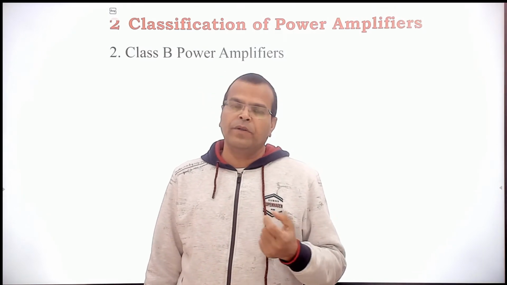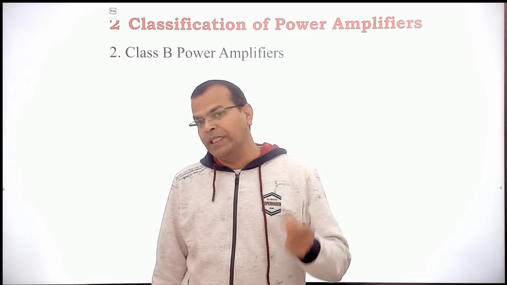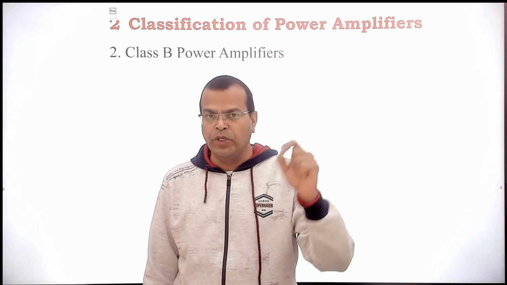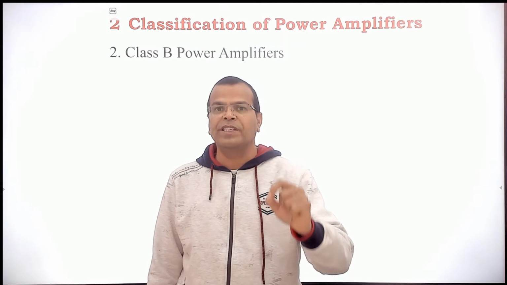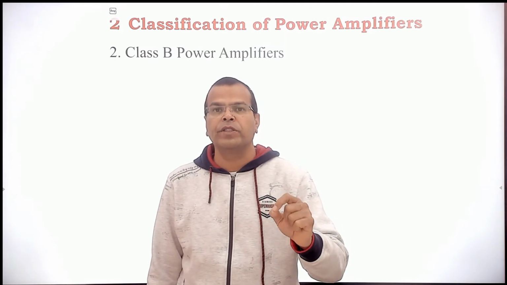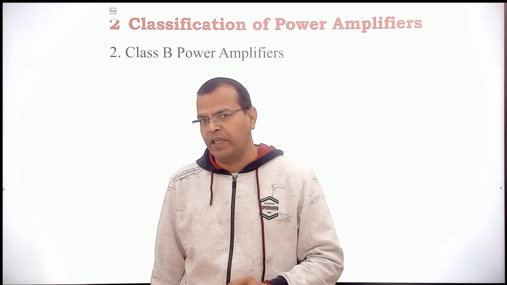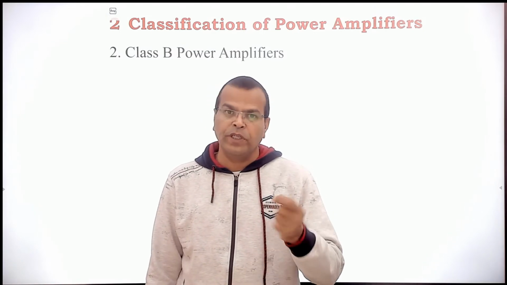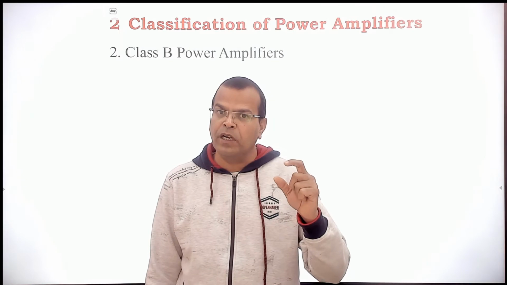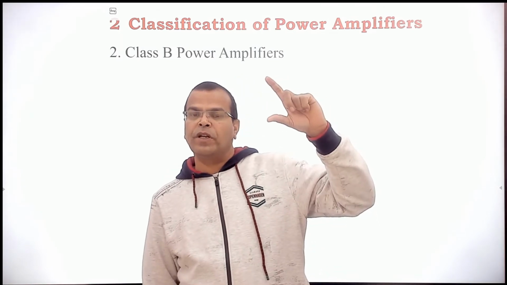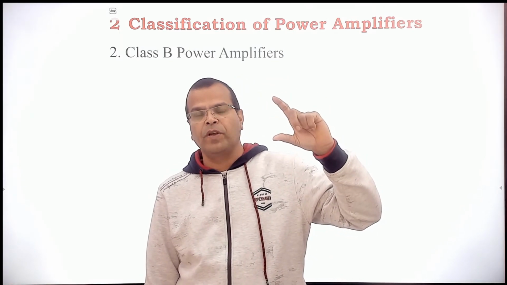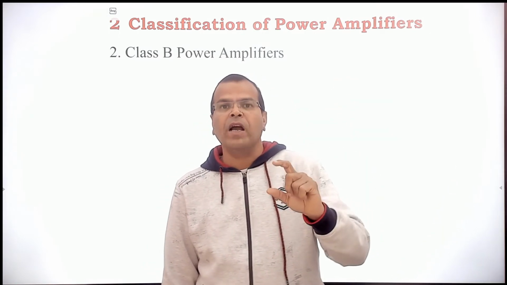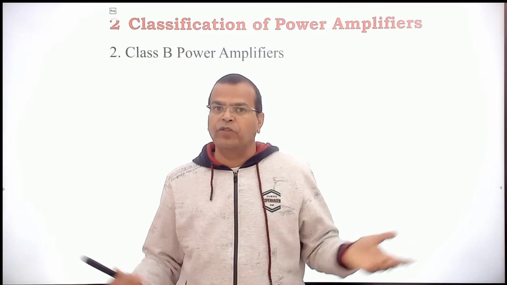So when your operating point is located near the cutoff region in the lower half of the load line, your output signal is an amplified version only for half of the cycle of the input signal. Even though the input signal may be sinusoidal, the output signal is an amplified version of the input signal only for half cycle. So output is available only for half cycle. And for the remaining half cycle, your device is off, so there is no output.